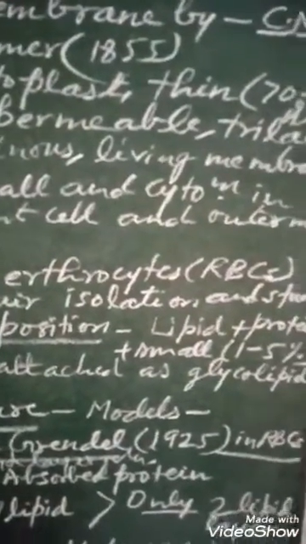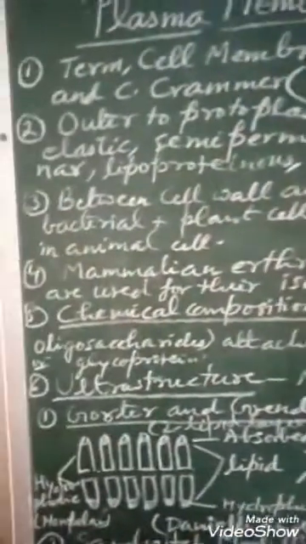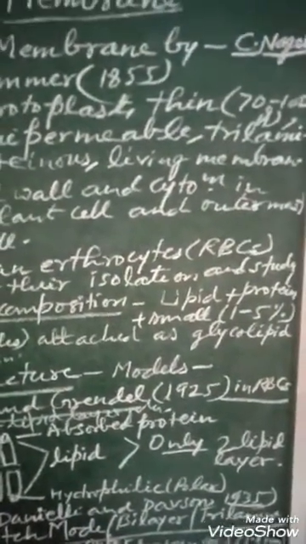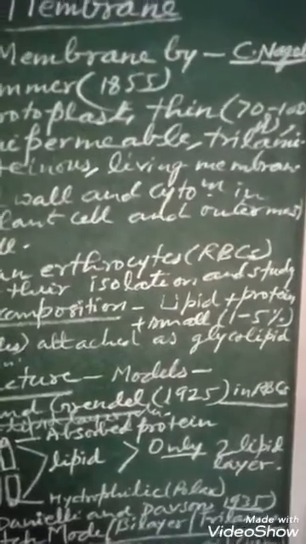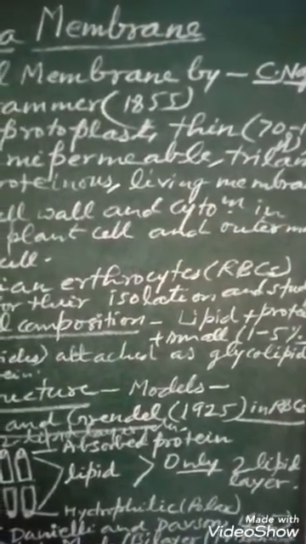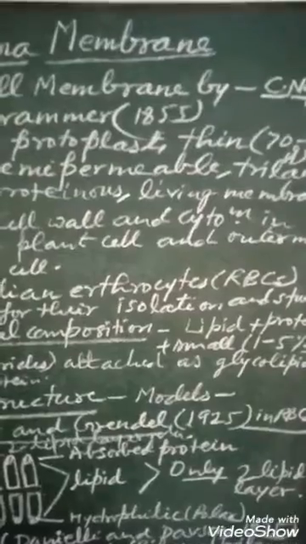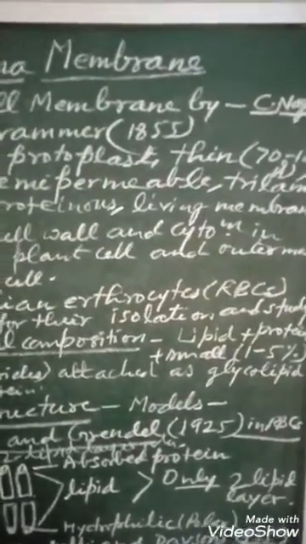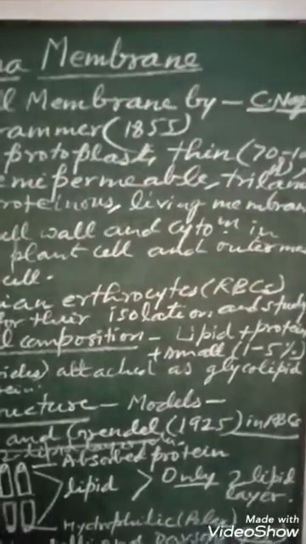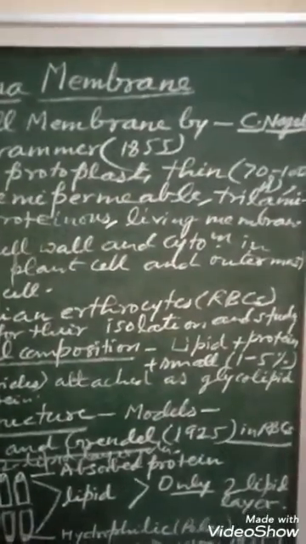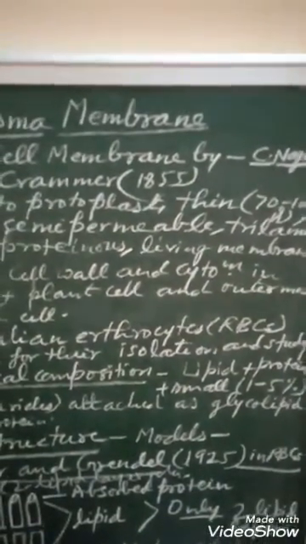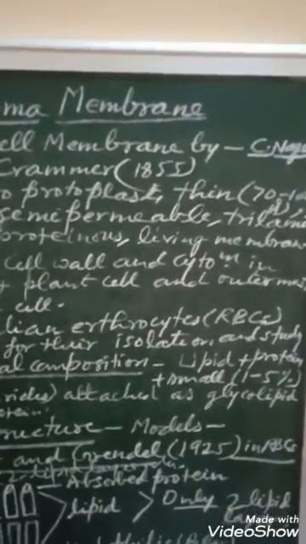This is the mammalian cell, the erythrocytes or RBCs, which are widely used for isolation and further studies. If we have the isolated plasma membrane, then via different chemical and physical techniques we could study its chemical composition, its structure, and its function in detail. So let us proceed one by one.